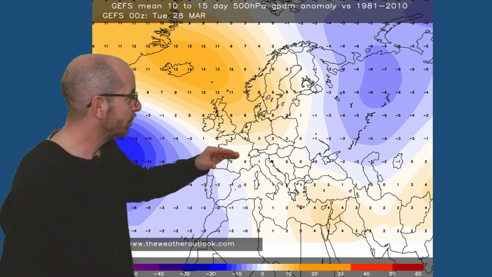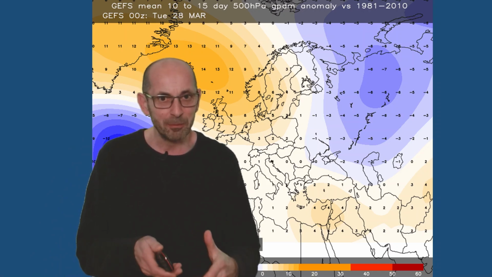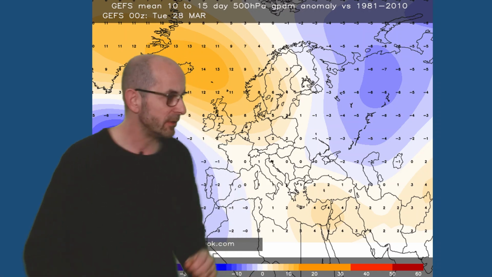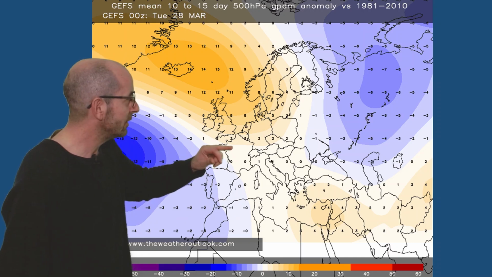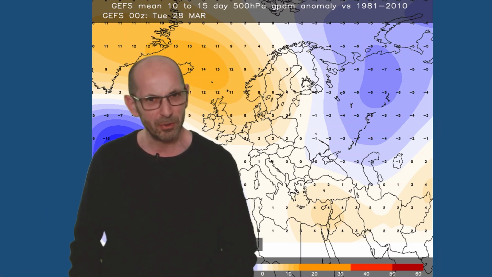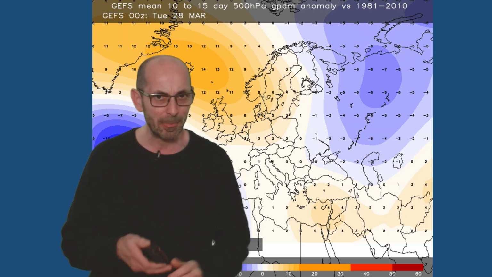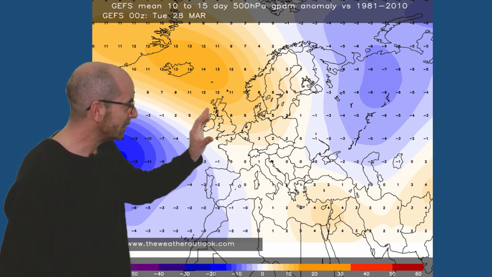Over the UK, it's positive and it strengthens as you head northwards, but it's worth remembering these are not absolute values, they are anomalies, and generally pressure in the south is higher than it is in the north. So although the anomaly grows as you head northwards, it's not a straightforward picture, but it does point towards the likelihood of high pressure areas playing a significant role through the second week.